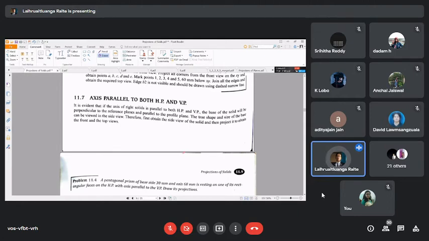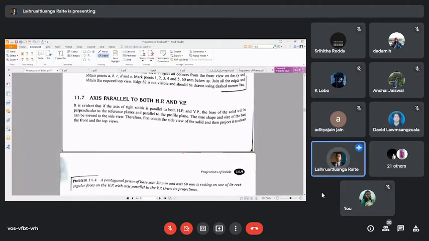So likewise, when our solid is in this position, we require the third profile plane, the side view, in order to get the profile of the plane. Likewise, in a solid with an axis parallel to both HP and VP, we are only seeing the sides. Suppose we have a prism, we are only going to see the sides and we are not going to see the profile.